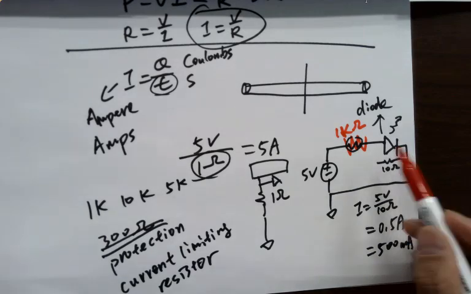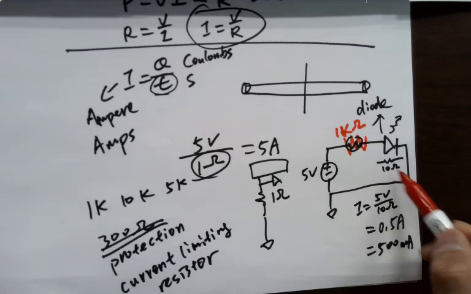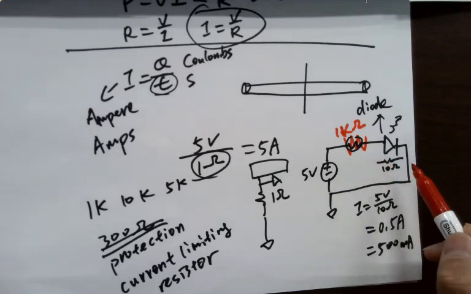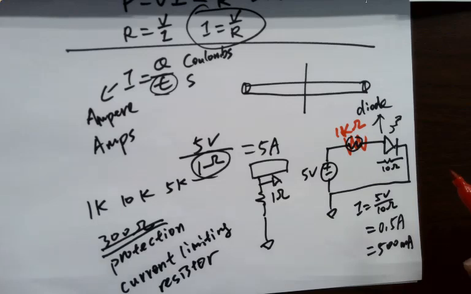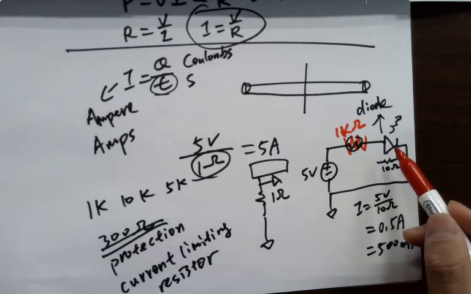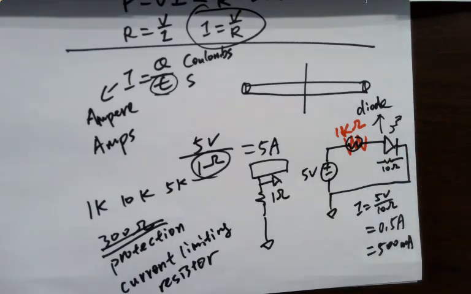But if you have a 1K resistor in series with the LED, what's going to happen to the LED? It's going to dim it, right? But it's okay, as long as it's not dimmed to a level that you couldn't see. If you can still see it, it's pretty obvious, it's okay.